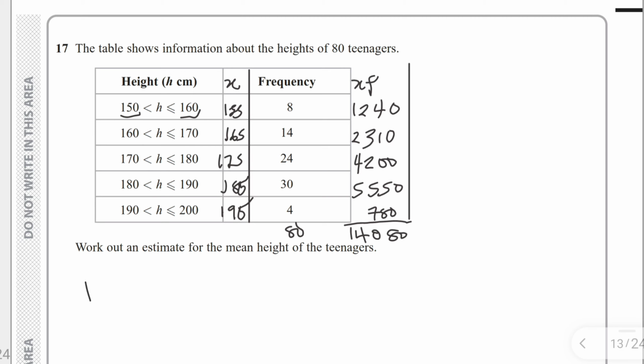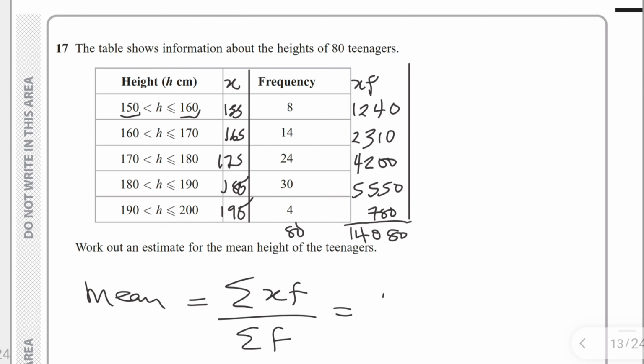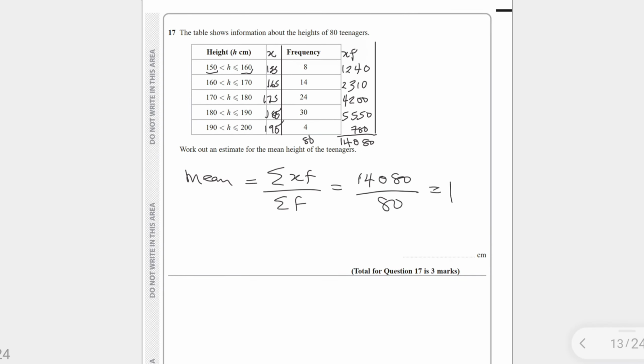So the mean is going to be the sum of fx divided by the total frequency, which is 14,080 divided by the total frequency of 80, which is 176. So our mean is 176 centimeters. Okay.